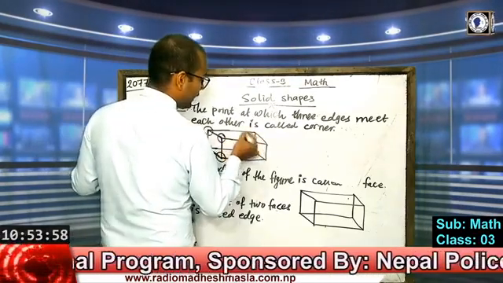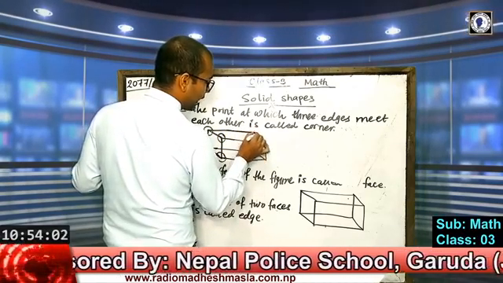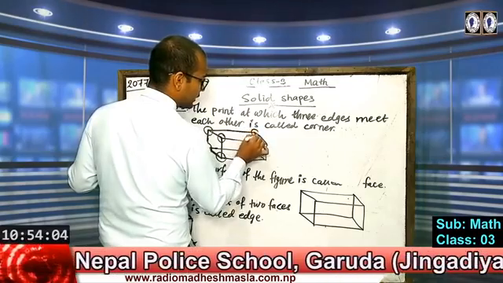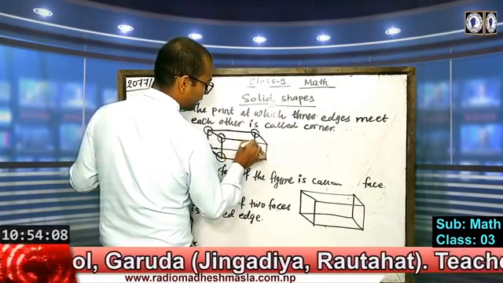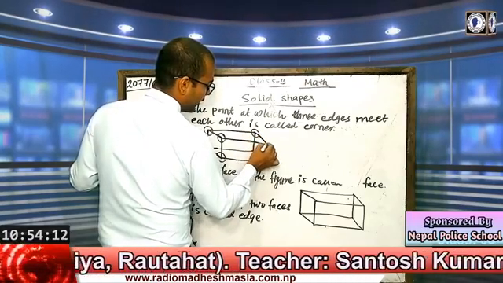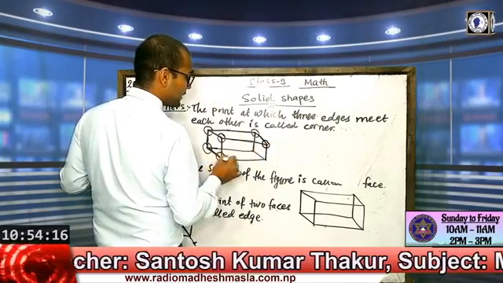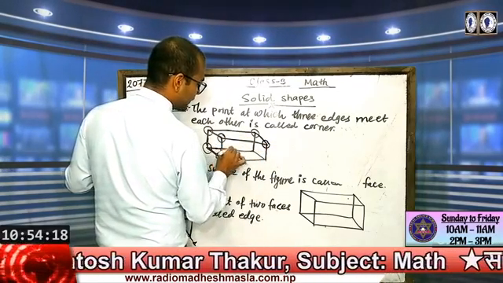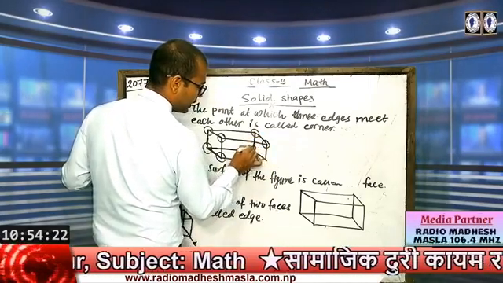The same way on the other side, 1 line, 2 line, and similarly 3 lines. So this is the fifth corner. The same way, 1 line, 2, and this is 3, the sixth corner. In the same way, 1, 2, and this one 3.